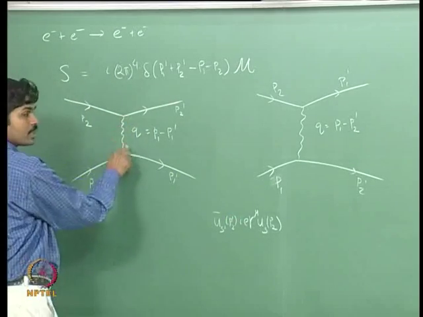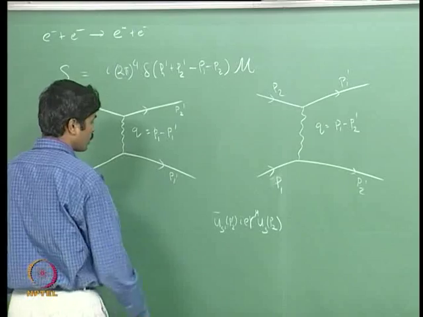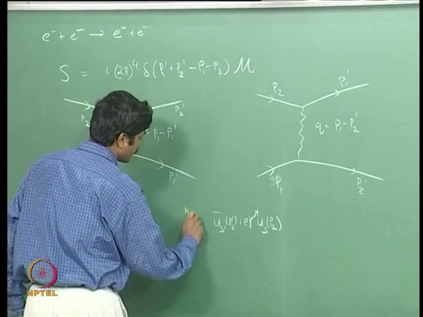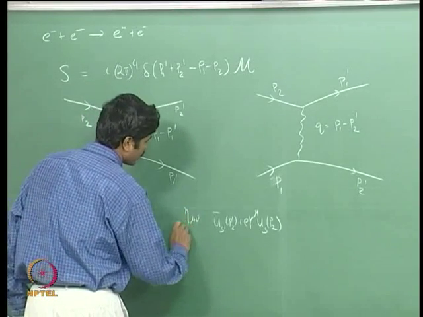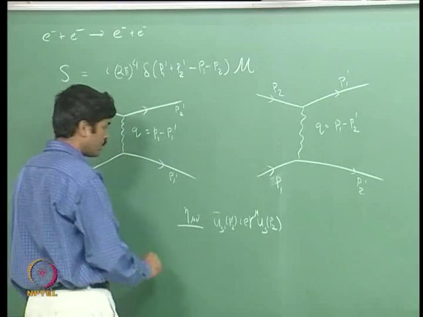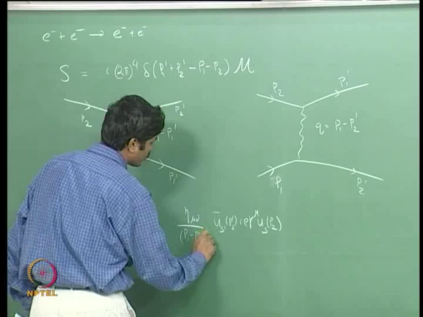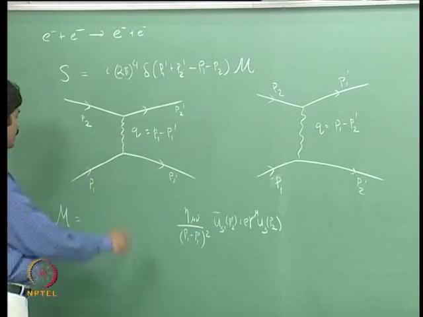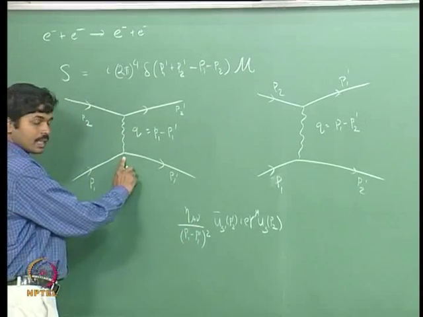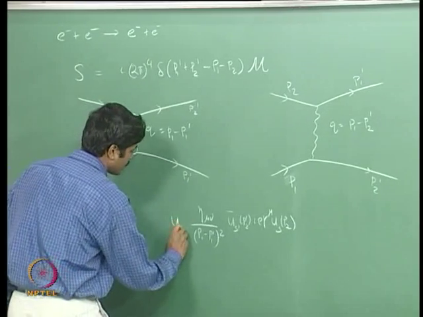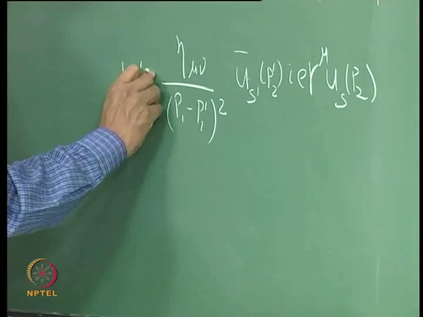Then you have a propagator, the photon propagator. So, for a photon propagator I write η_μν divided by q², which is (p1 − p1')², and then I have an incoming electron for which I will write u_r of p1.